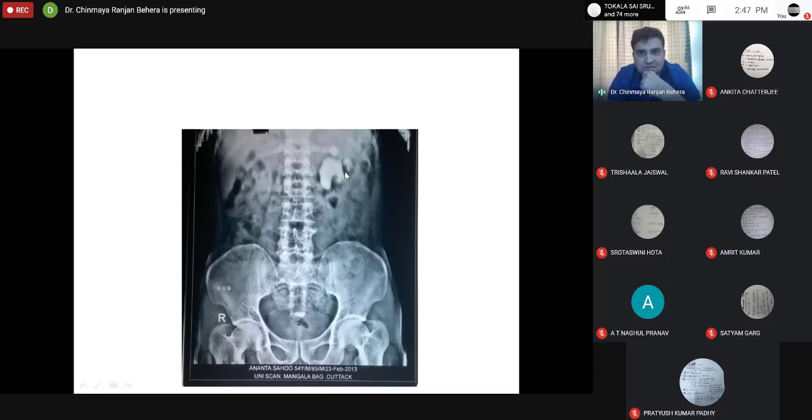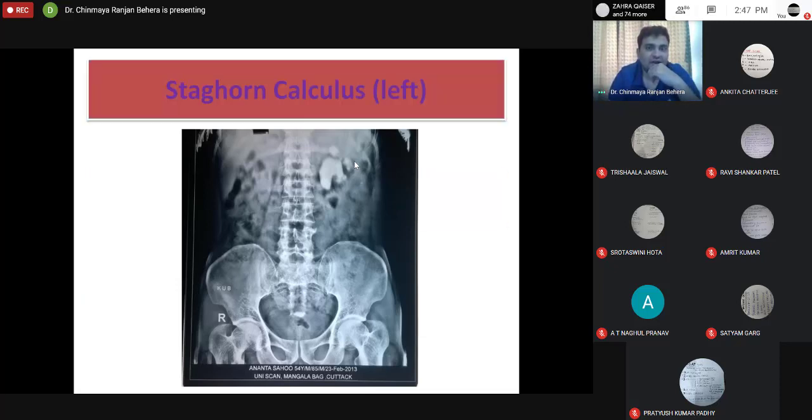What you see is, in the pelvicalyceal system, an opaque area. These are staghorn calculi. So this is the pelvis. The calculus is totally in the pelvis and going into the calyceal system of the left kidney. So these are called staghorn calculi.